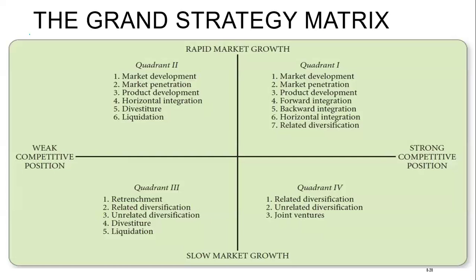So recommended options for the fourth quadrant, as far as the strategies are concerned, include diversification strategies, both related and unrelated ones, so that it will help them to enter into other markets that can help them generate different streams of revenue.